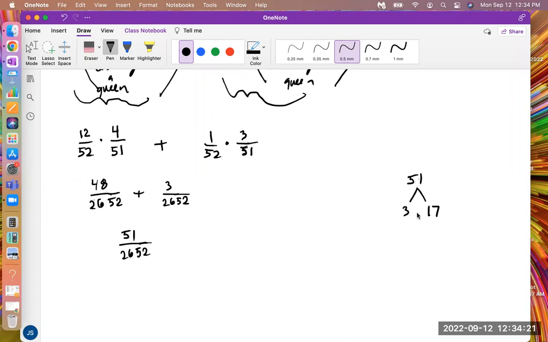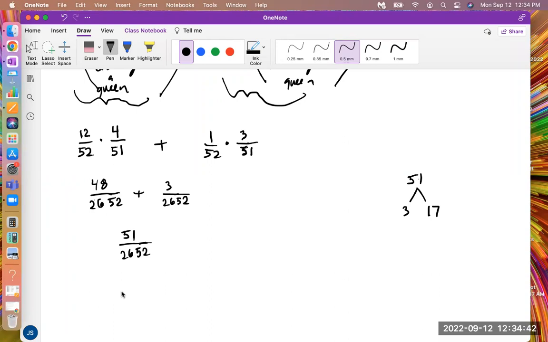So the only numbers I have to check to make sure that this is completely reduced is that 3 doesn't go into the denominator and 17 doesn't go into the denominator. And as soon as I know that 3 and 17 don't go into that denominator, then I can say this is completely reduced.